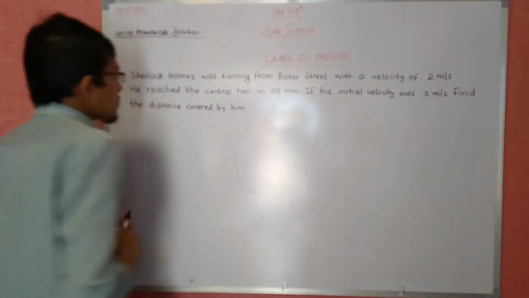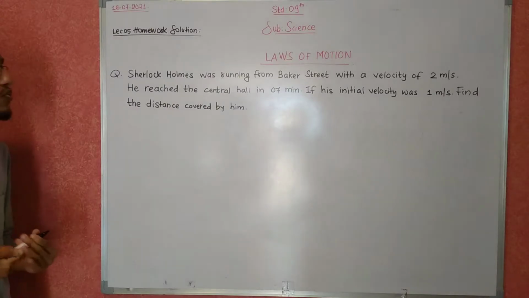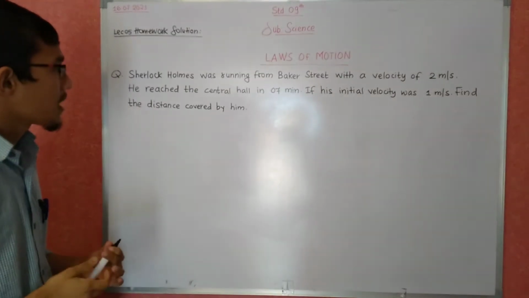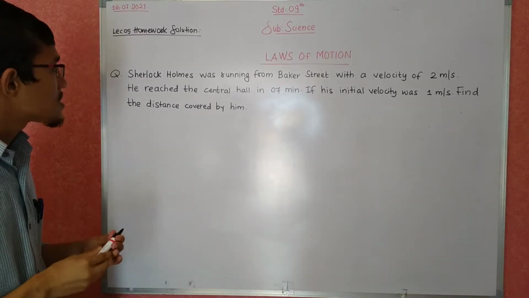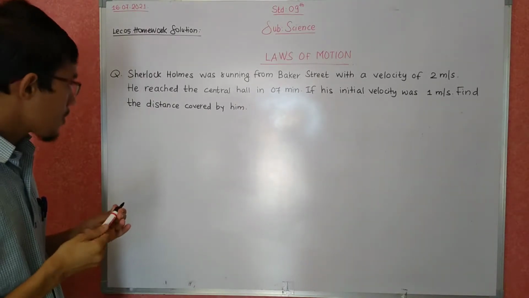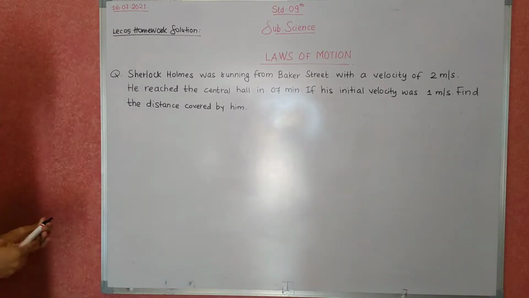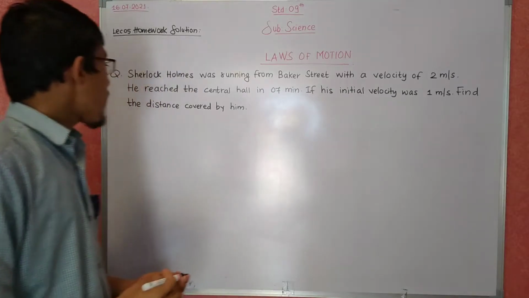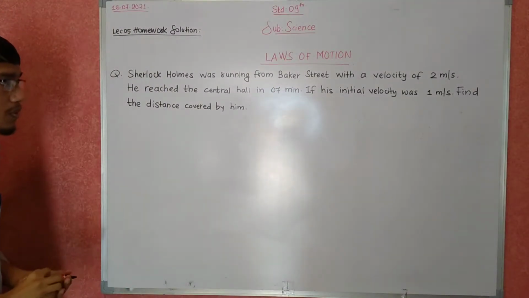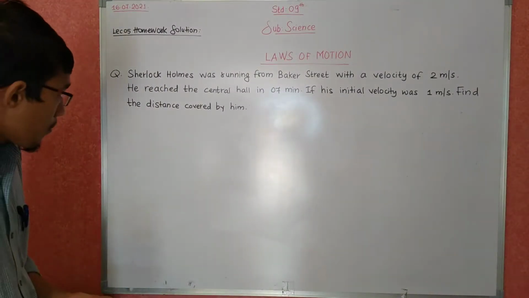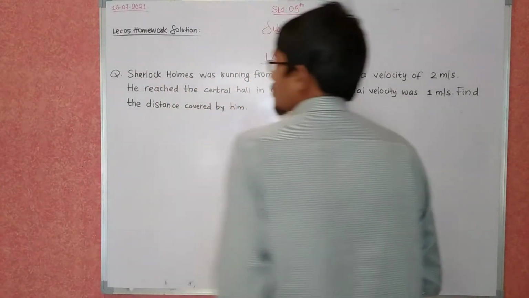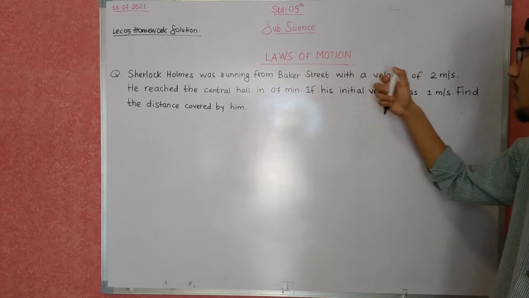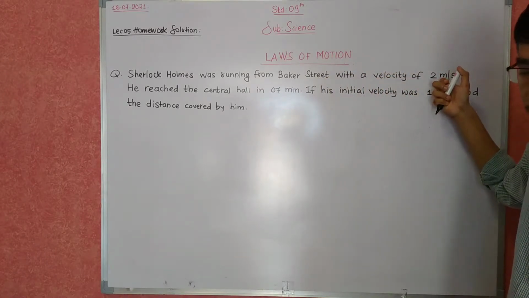So the question is: Sherlock Holmes was running from Baker Street with a velocity of 2 meter per second. He reached the central hall in 7 minutes. If his initial velocity was 1 meter per second, find the distance covered by him. So there is one man named Sherlock Holmes, running from Baker Street with a velocity of 2 meter per second.